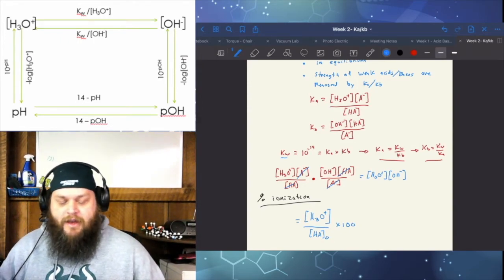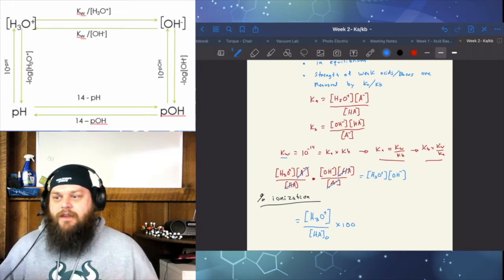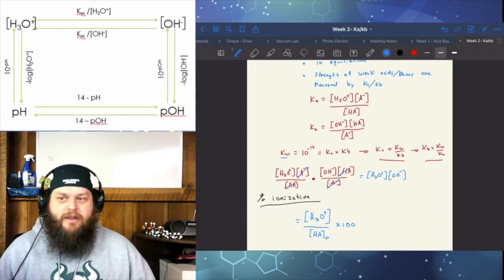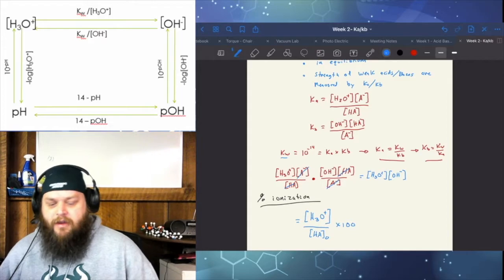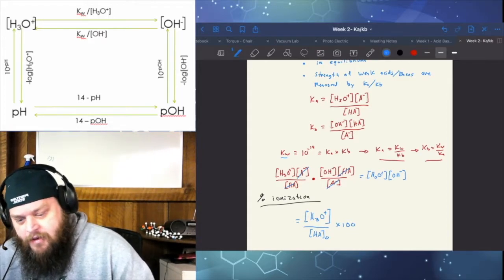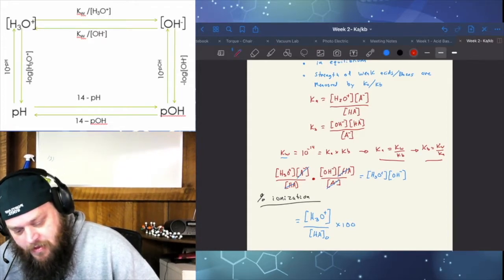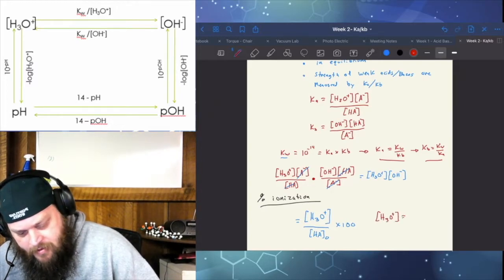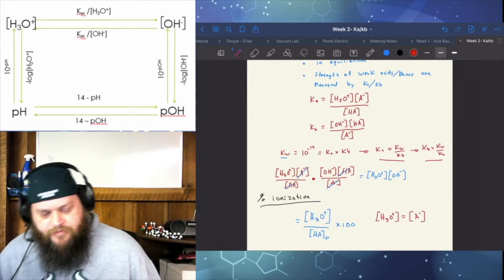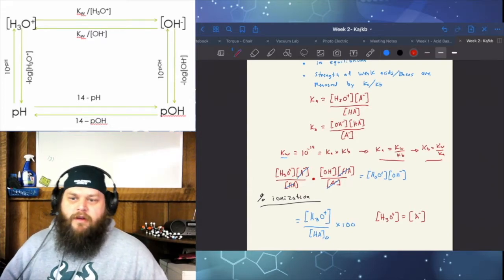And if they ever ask what is the percent ionization, it's really just the simple formula here. And we should note that the concentration of H3O plus is going to be equal to the concentration of the conjugate base, we'll say A minus, assuming you have a monoprotic acid.